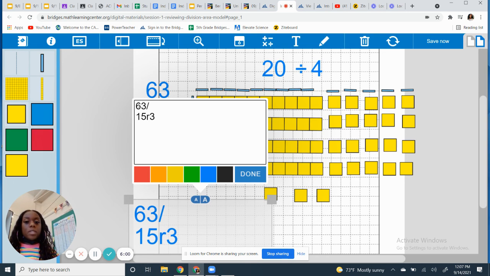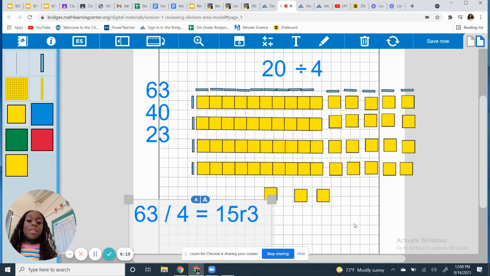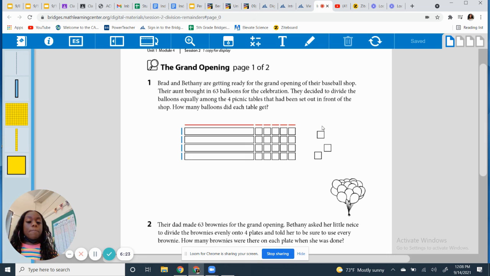I'm going to put this for division, because if I put it the other way, it's just not going to populate quickly. 63 divided by 4 equals 15, remainder 3. Let me get my spacing. And that's how we would solve this problem for number 1. Hope that makes sense.